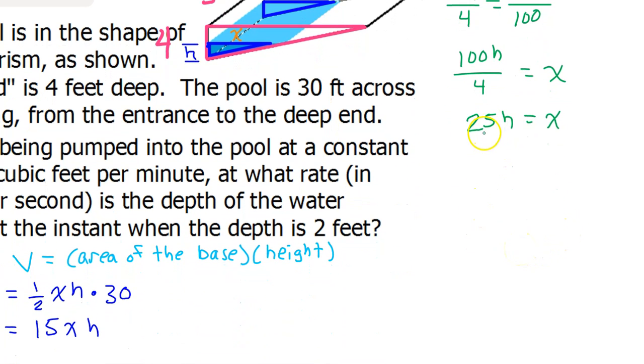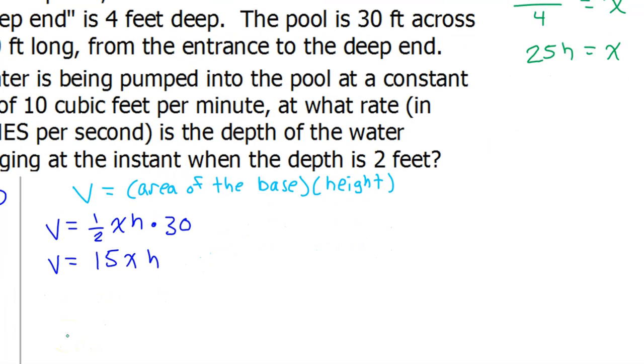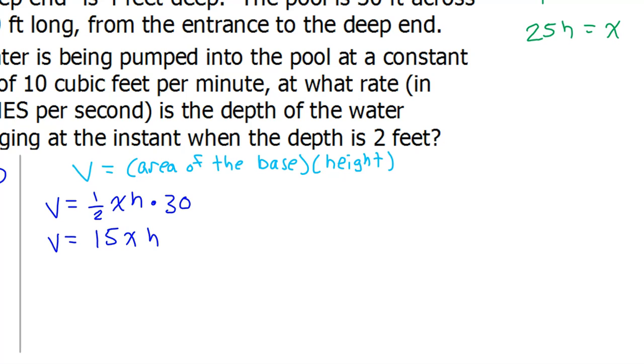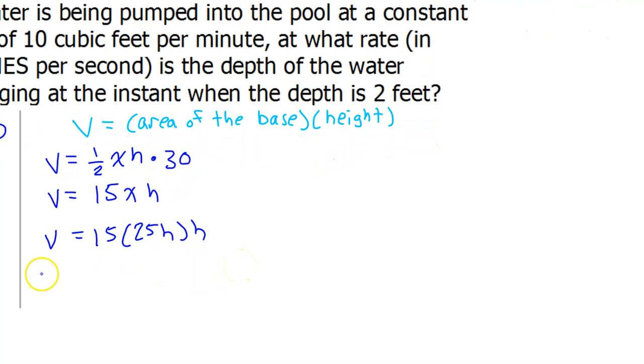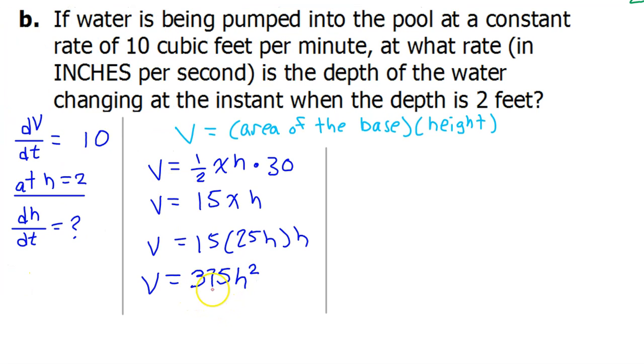So we can substitute 25h instead of x right here in the volume formula. So we have volume is equal to 15 and then 25h and then times h. So the volume is 375h squared.